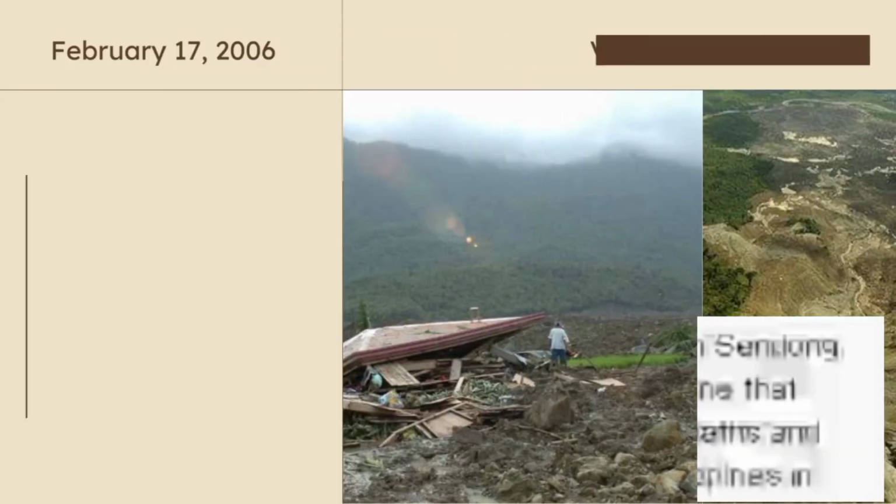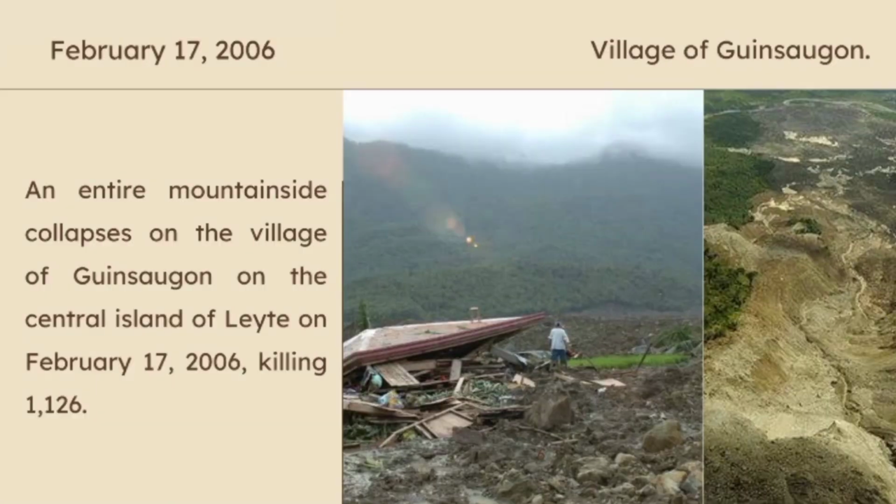Now, next is the village of Guinsaugon. An entire mountain side collapsed on the village of Guinsaugon on the central island of Leyte on February 17, 2006, killing 1,126 people.